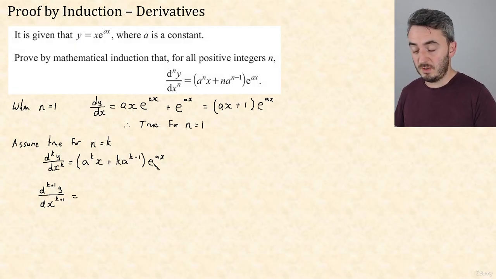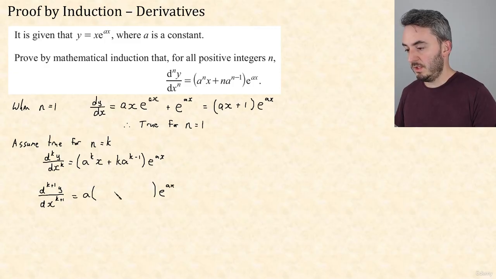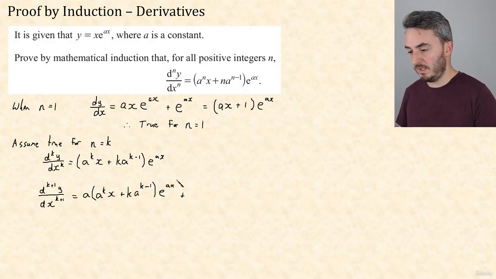Here's my u, here's my v dash, so let's go for it. So u v dash, we're just multiplying by a from that, so there's my v dash, and then u is just the same, then plus u dash v.